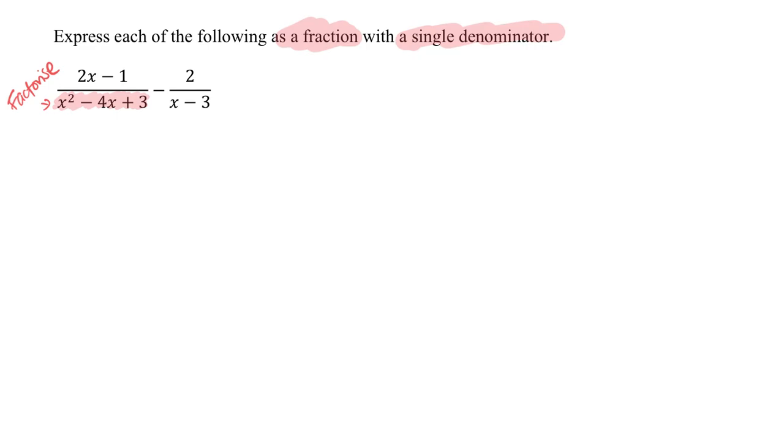And using this, I'm going to make use of my cross chart to factorize my x squared minus 4x plus 3. X times x will give me my x squared. 3 times 1 will give me my 3.